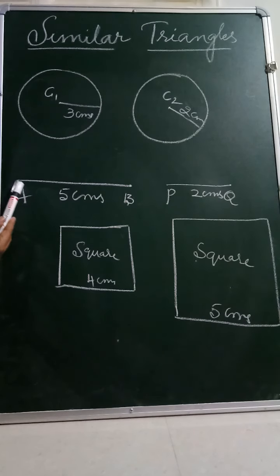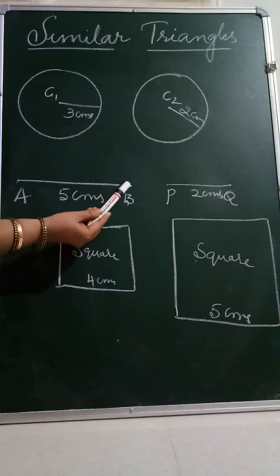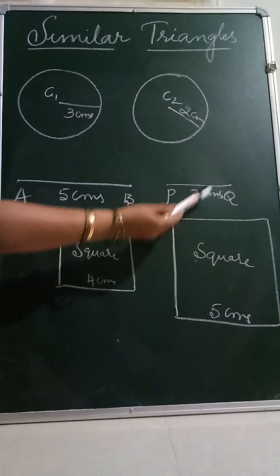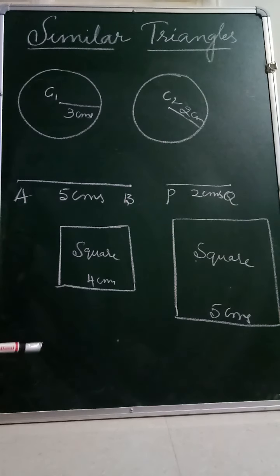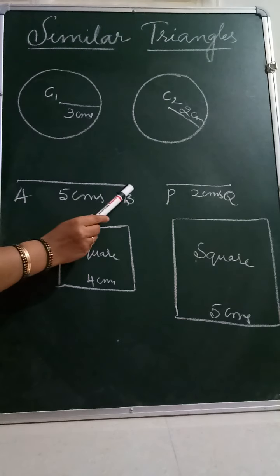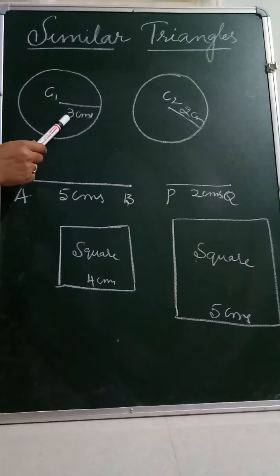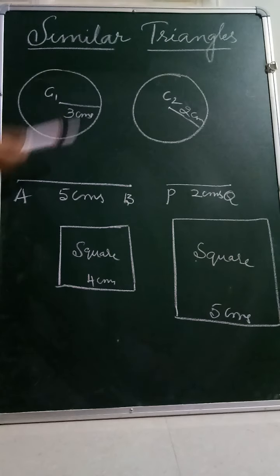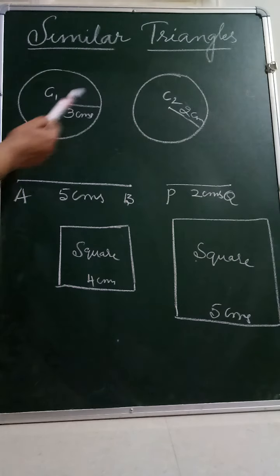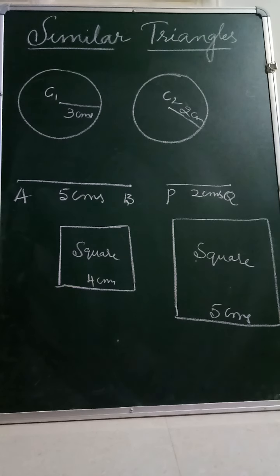Now I have a line segment AB of length 5 cm and PQ of length 2 cm. Their shapes are same but their sizes are different. Here there are two circles with radii 3 cm and 2 cm. Shapes are same but sizes are different.